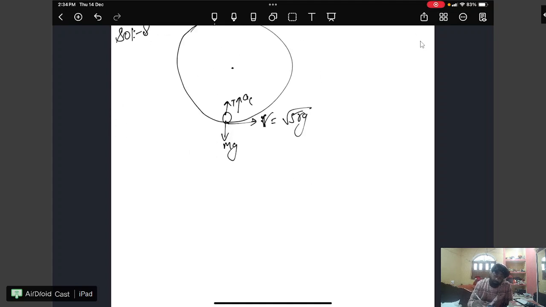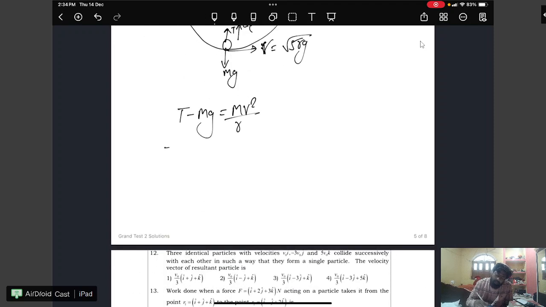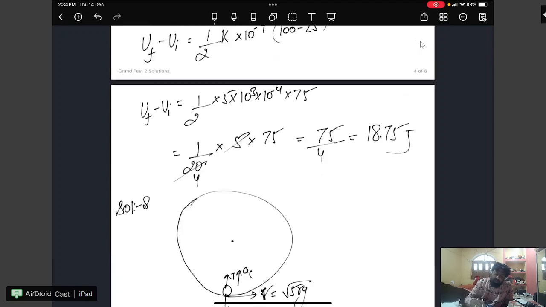So T minus mg is equal to mass into centripetal acceleration, v square by r. T tension will be mg plus m v square by r. V square will be 5 gr, so 5 mg plus mg, 6 mg. Tension will be 6 mg.